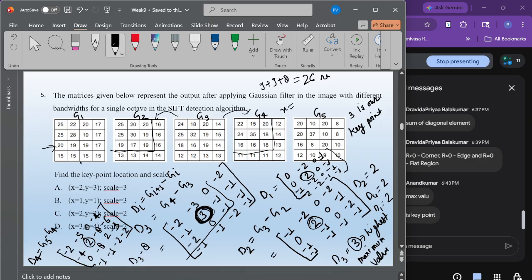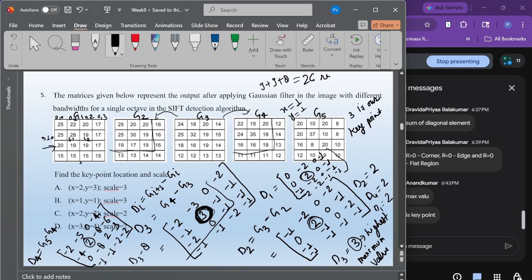In the x direction, it is at location 1, and in the y direction, it is at location 1. Like in any matrix, the representation is 0,0, 0,1, 0,2, and 0,3, and this one is 1,0, 1,1, 1,2, like that. So it is at coordinate location 1,1, right?